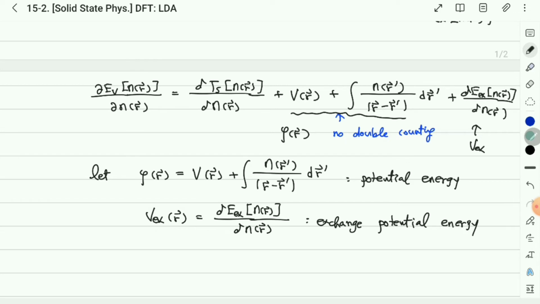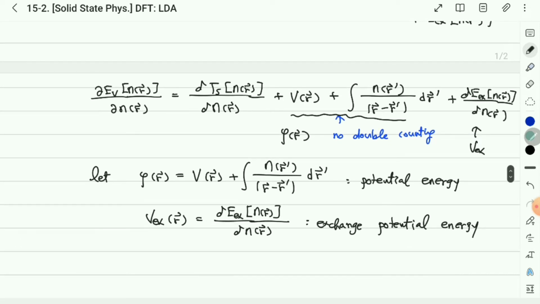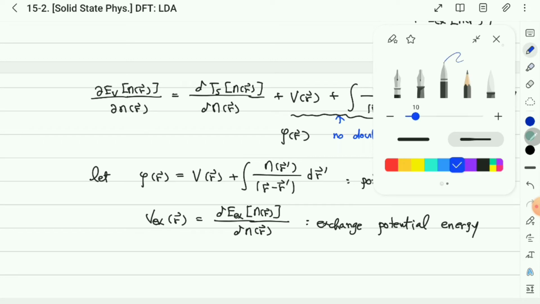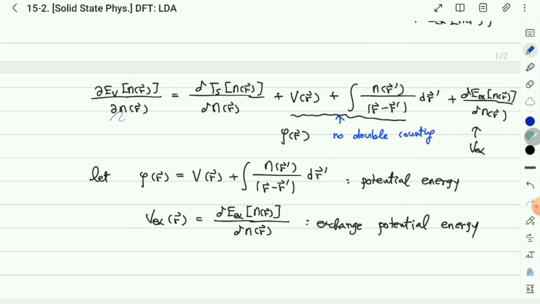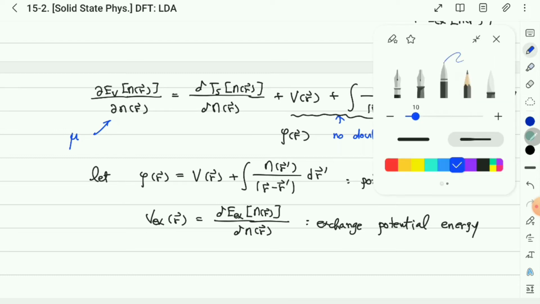Then from this one, we can also think that the derivative of energy with respect to the number, from the definition, is a chemical potential. It is the chemical potential mu.